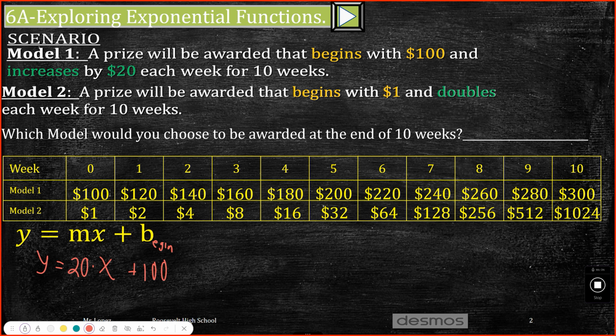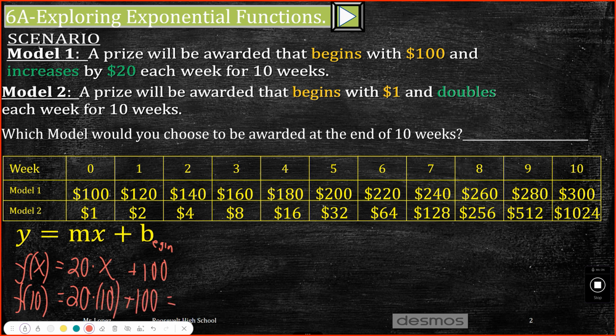We can even change this y to f of x, the function of x. Now we can plug in any x, where x is the number of weeks. So f of 10, because it's 10 weeks: 20 times 10 plus 100.